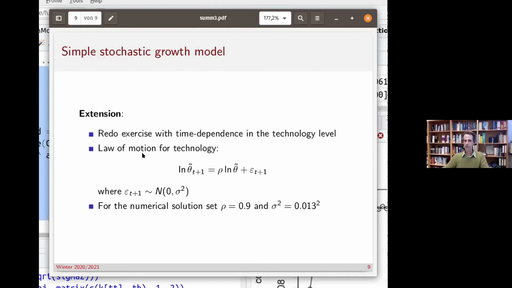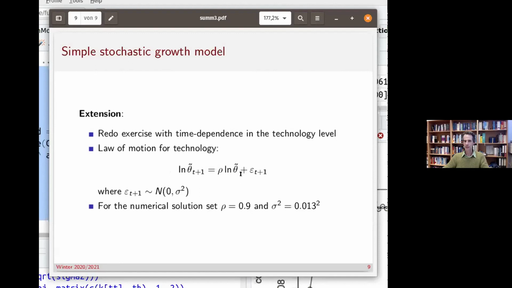So the law of motion for the technology level is often written in this macroeconomic literature as an AR1 process. So we have an autocorrelation of the technology level. Oh, there's a T missing here, so this should be theta T. We have an autoregressive process with a relatively high rho, say 0.9.